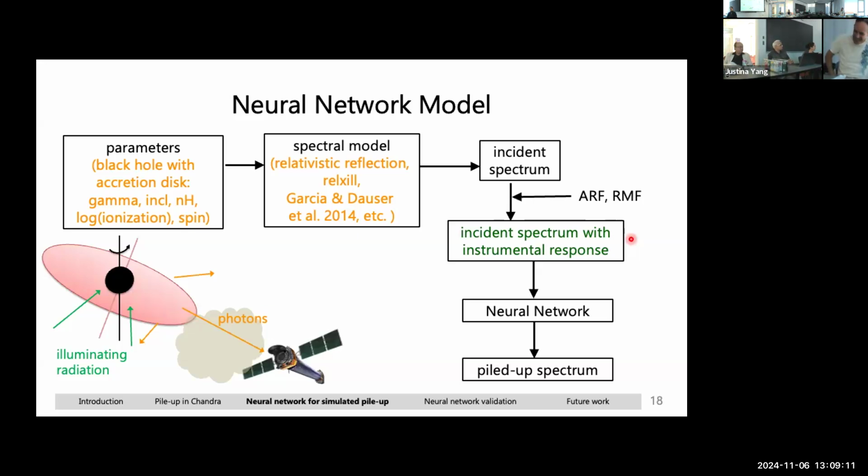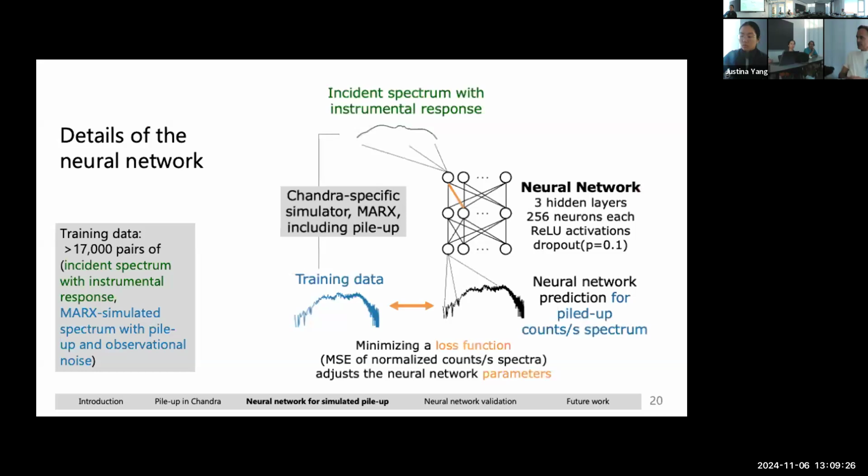It might be useful to train it with spectra that are made with different ARFs and different models, because the dependence from the shape to the piled up spectrum will depend on what the ARF is. So if you train it on one particular ARF, you can only count on it to work on that ARF. Yeah, it's optimized to work for that particular ARF and for that particular spectrum.